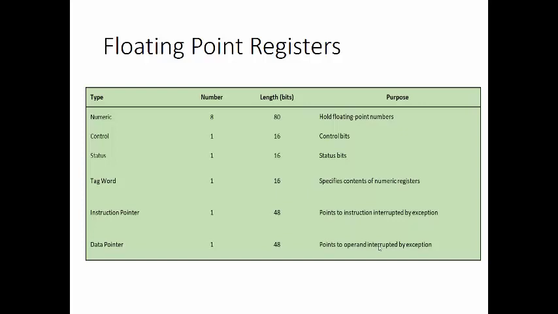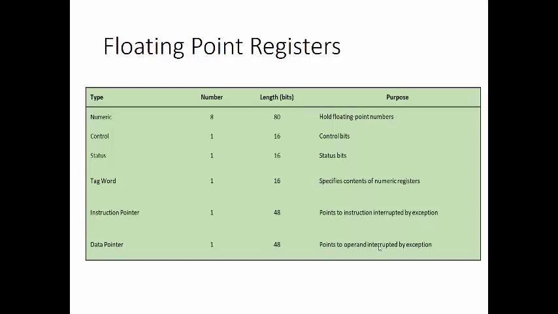Control contains bits that control the operation of the floating point unit, including the type of rounding control, single, double, or extended precision, and bits to enable or disable various exception conditions. Status, the 16-bit status register contains bits that reflect the current state of the floating point unit, including a 3-bit pointer to the top of the stack, condition codes reporting the outcome of the last operation, and exception flags.